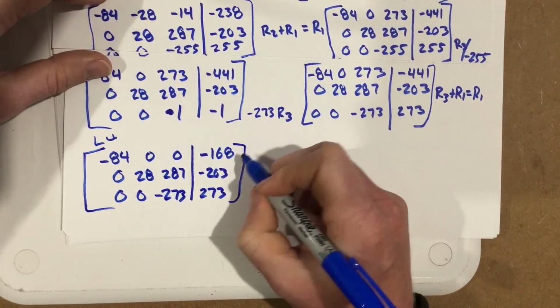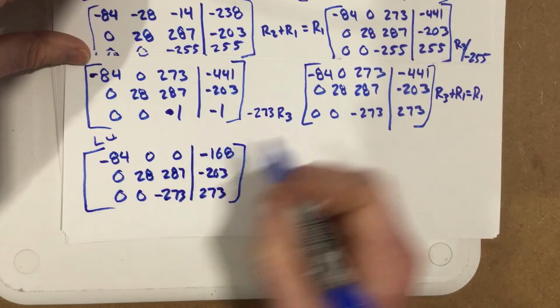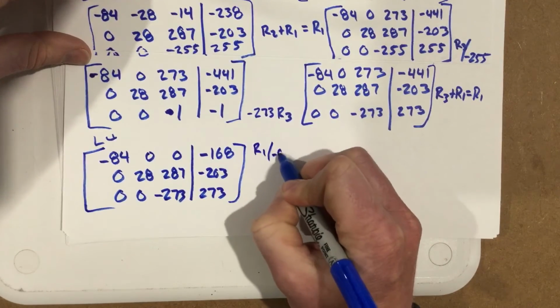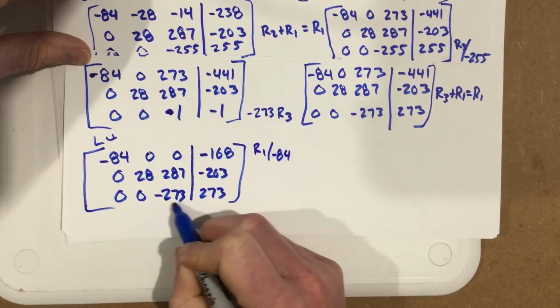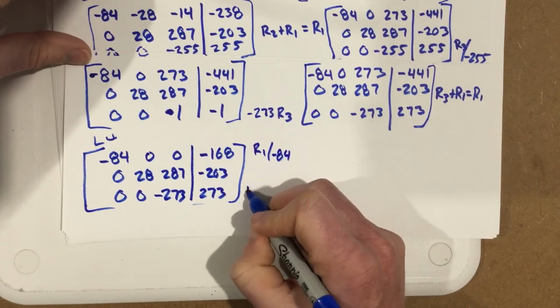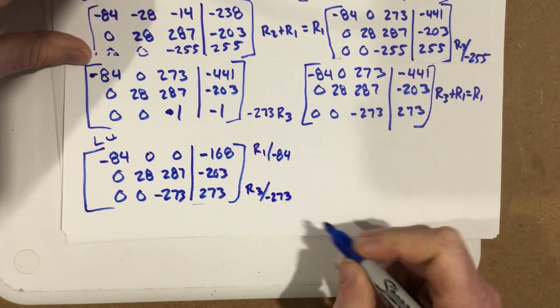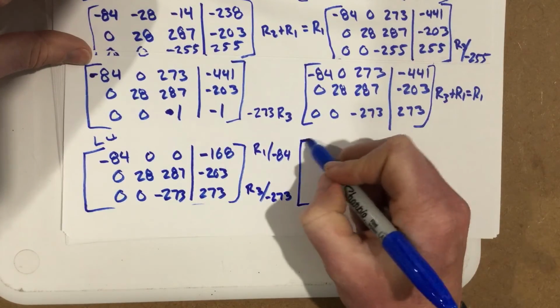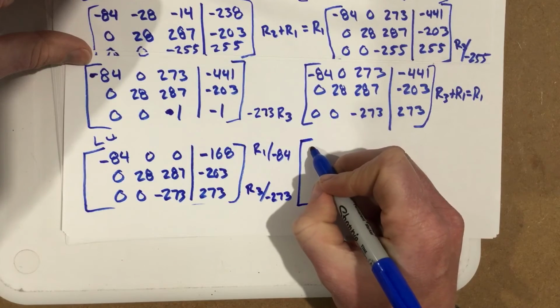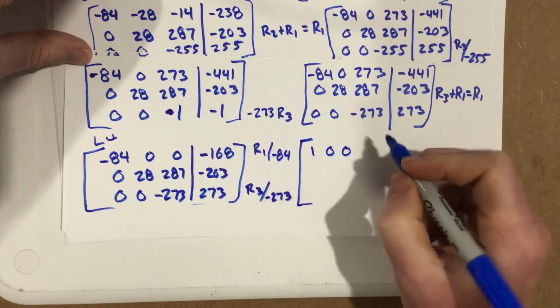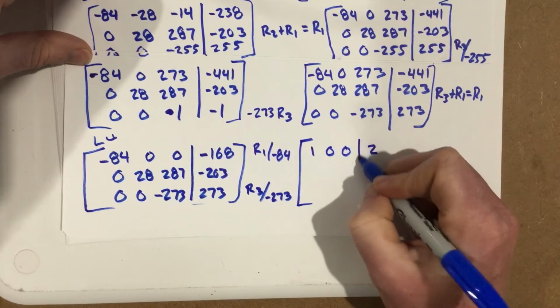Okay, I'm going to divide the top row, row 1, by negative 84. I'm going to divide the bottom row, row 3, by negative 273. That gives you 1, 0, 0, negative 168 divided by negative 84, that's 2.